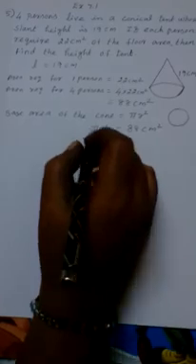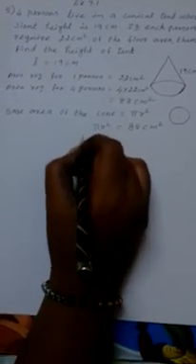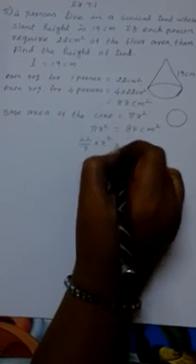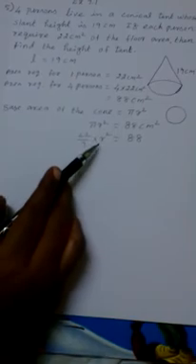Now we already found that the area required for four persons is 88 centimeter square. So pi r squared equal to 88 centimeter square. Now substitute the value of pi. You know the value of pi is 22 by 7, into r squared equal to 88. Here we have to find r squared.